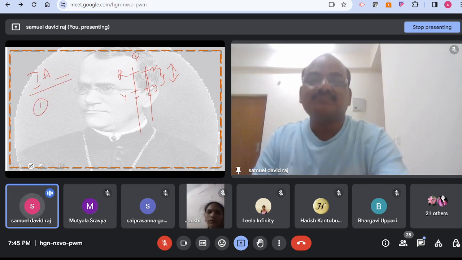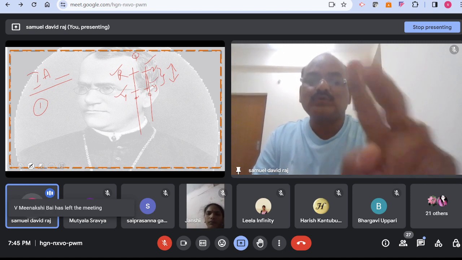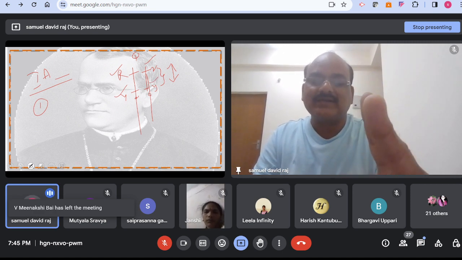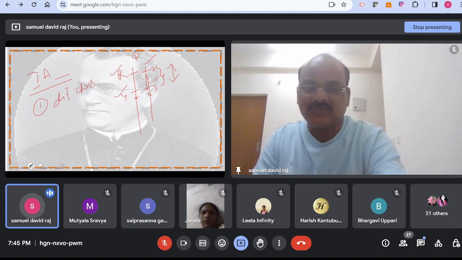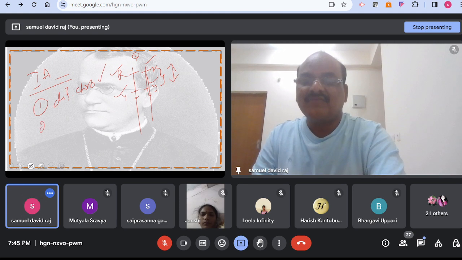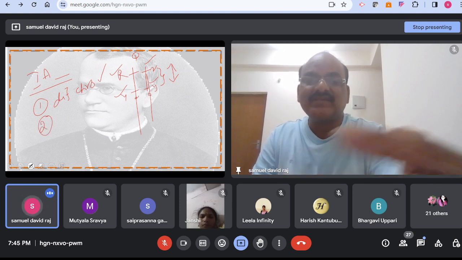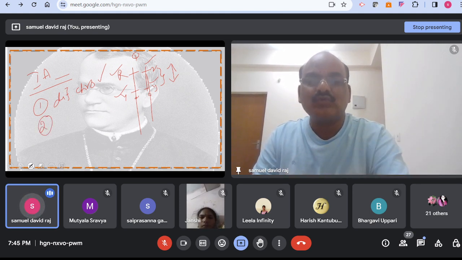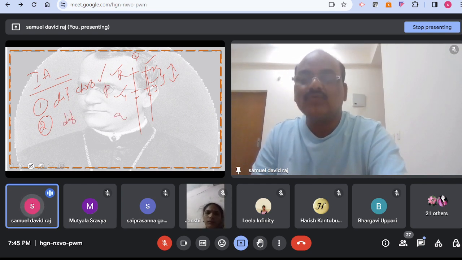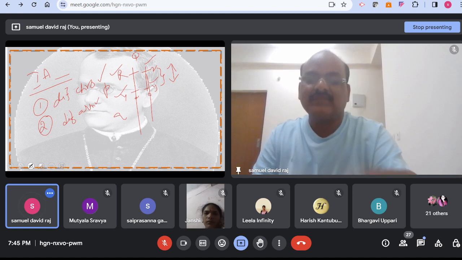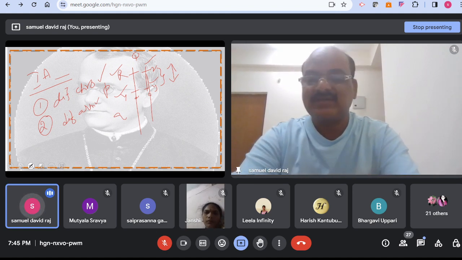The first condition is that both pairs for the two different characters should be present on different chromosomes, not on the same chromosome. Even if they are on the same chromosome, they must be present on different arms of the chromosome. Then independent assortment will take place.